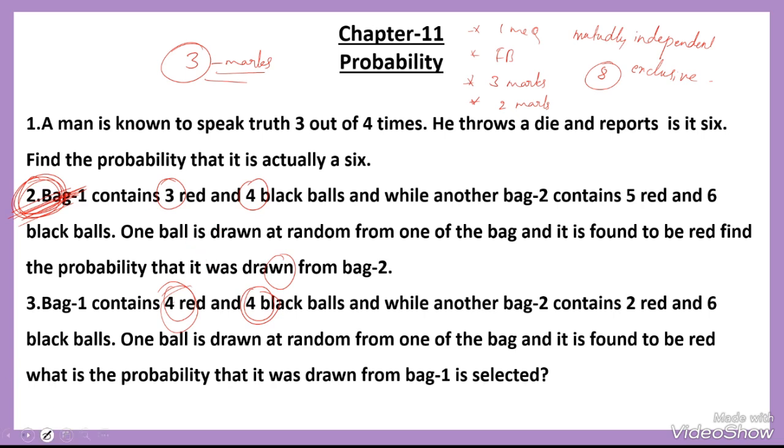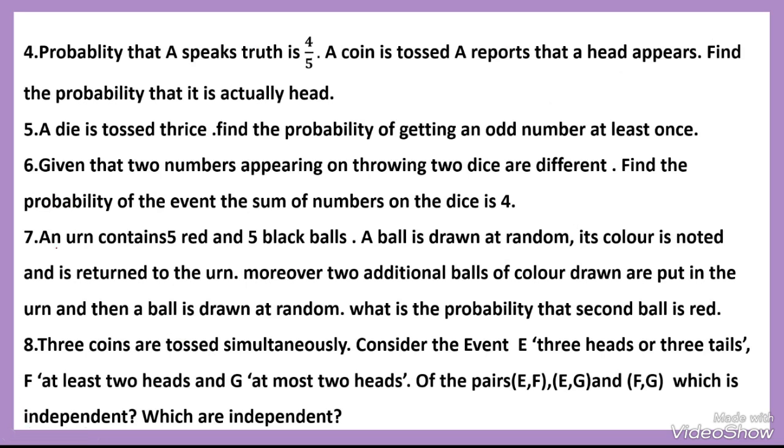Here in the second and third question they gave a ball, while in place of a ball they gave the same question. Here also it is the same question. Here they gave 5 red, 5 black. Sorry, this is not black, this is earth. Here also earth.